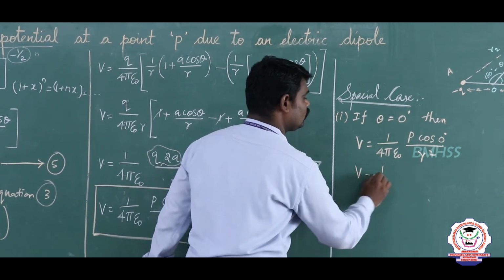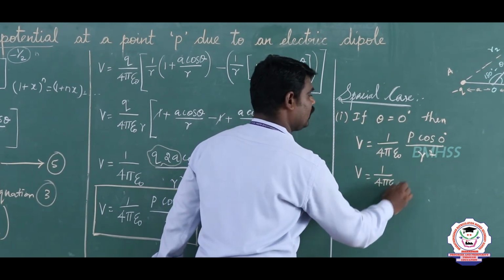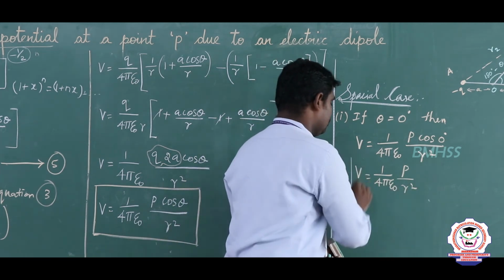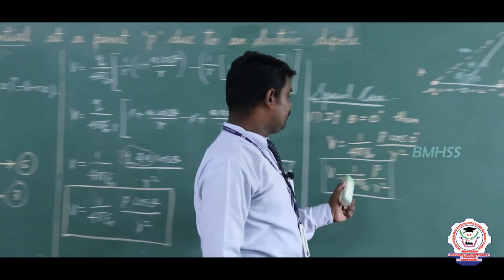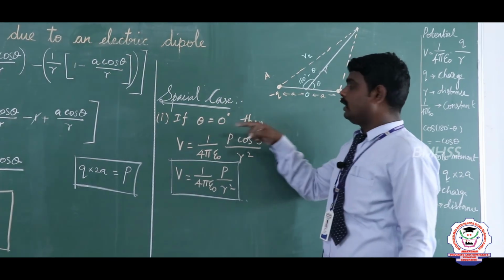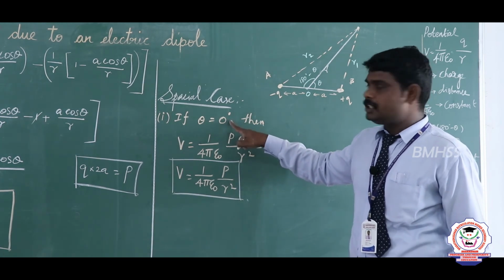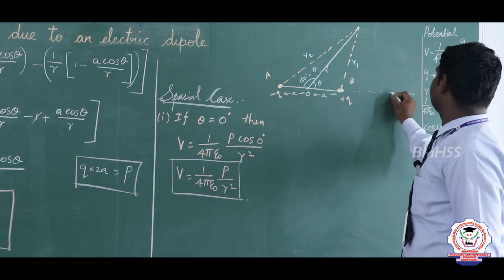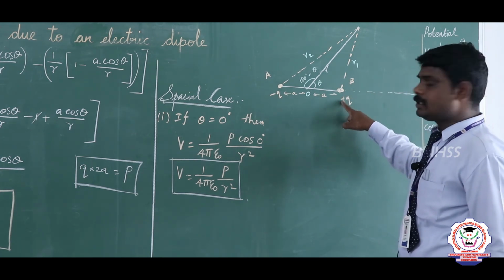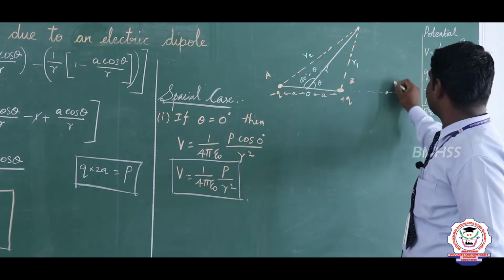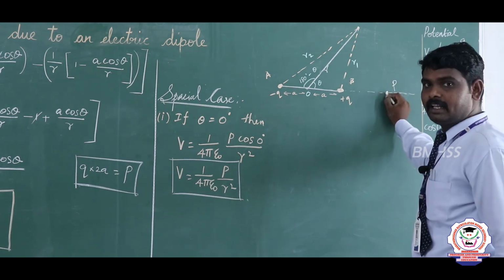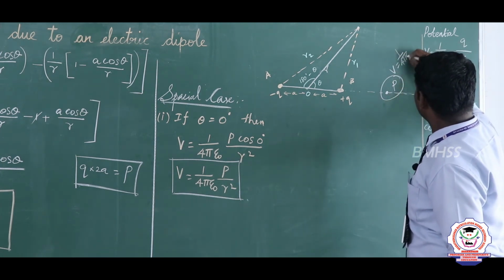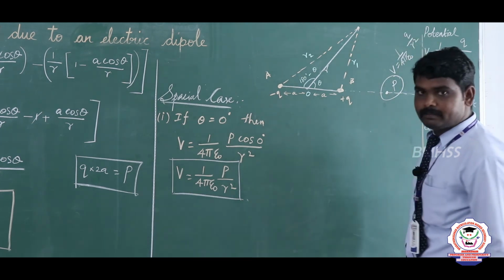So V is equal to 1 by 4 pi epsilon naught P by r square. If the point P lies at 0 degree, which means the point P lies on the axial line near the plus Q charge, at this point the V is maximum. That value is 1 by 4 pi epsilon naught P by r square.